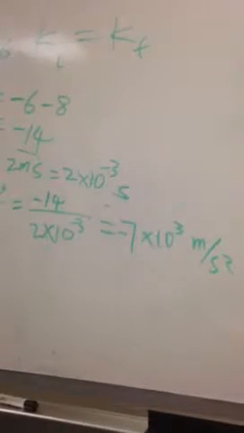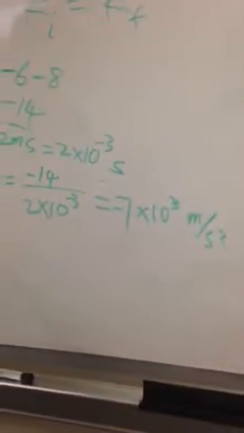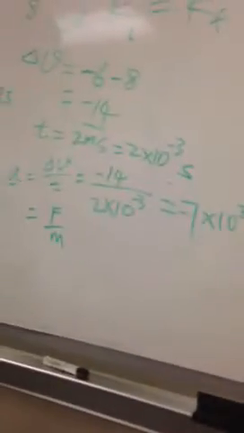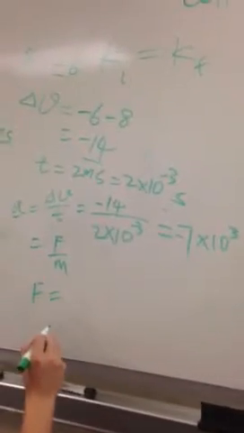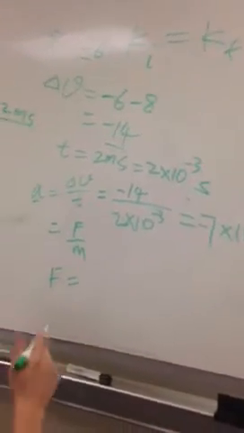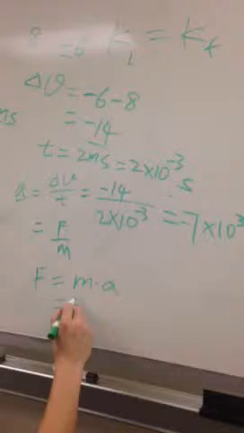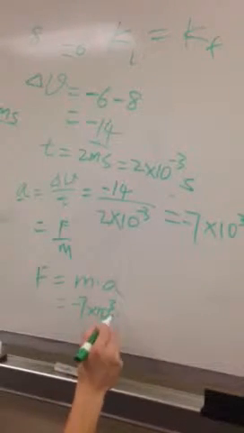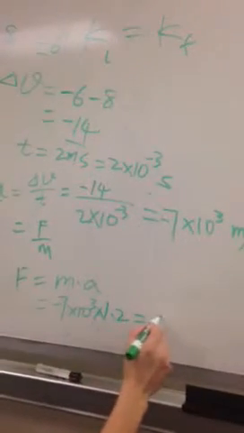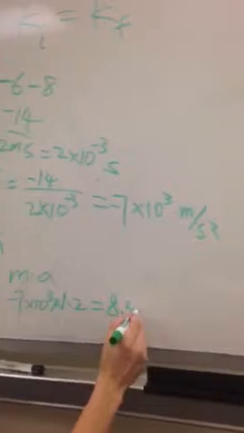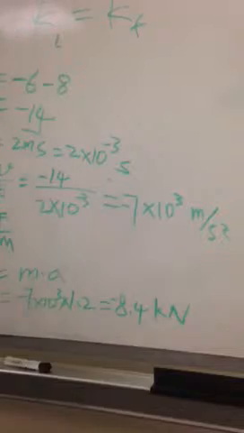So now the force is equal to ma, right? A equals F over m, and the question is asking for the force, which will be ma, times 1.2, which will be 8.4 kilonewtons.